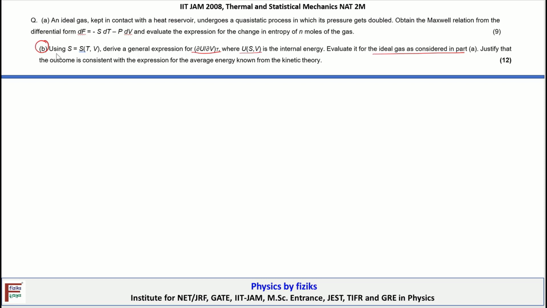Okay, so from the given information here, we will try to connect the internal energy change with various variables.